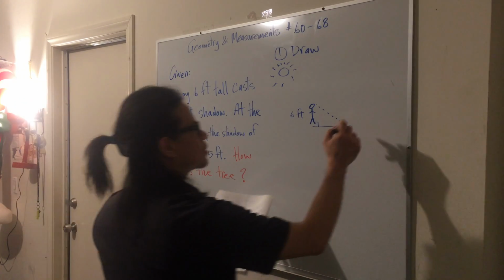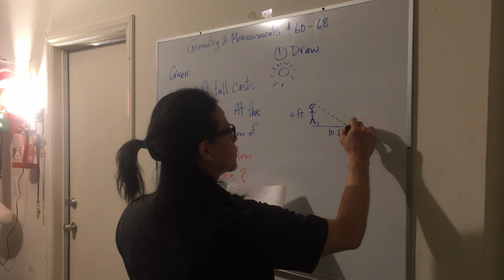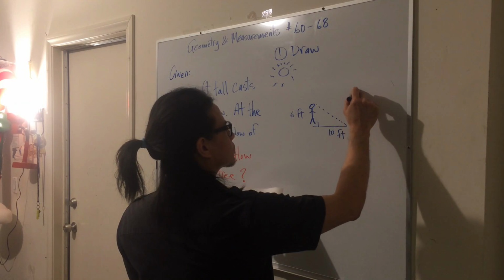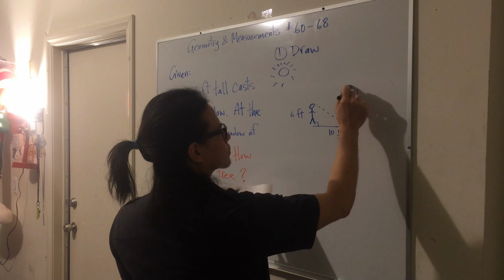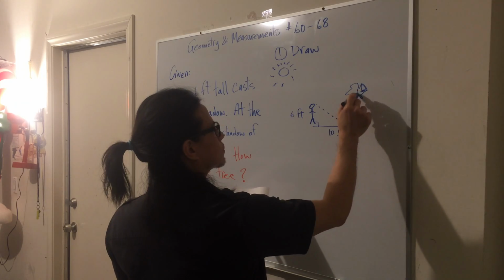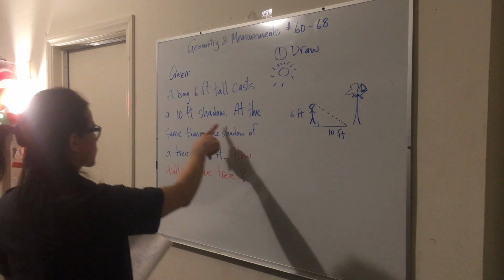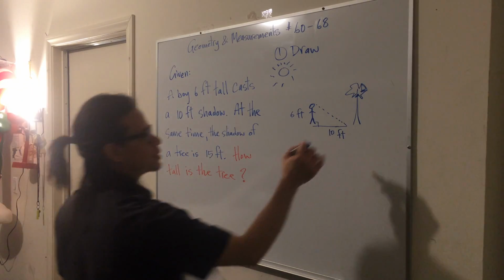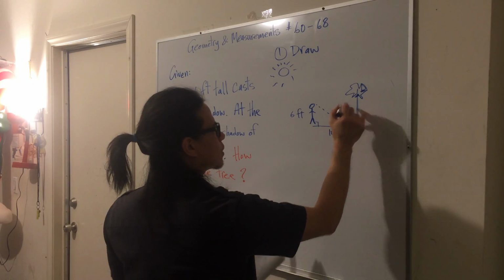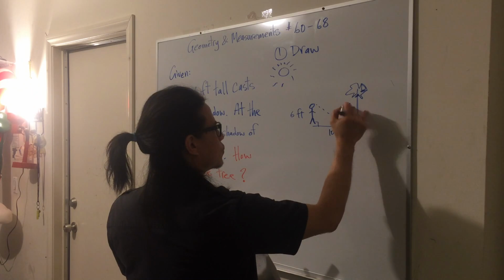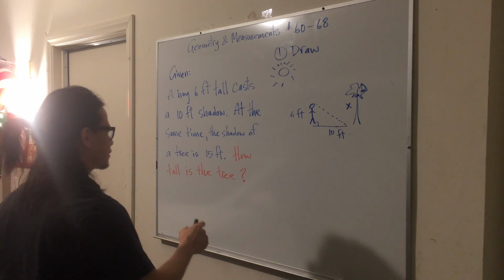Now we're assuming that a tree is going to be taller than the boy. And the question is, how tall is the tree? We don't know yet, so let's let it be x.